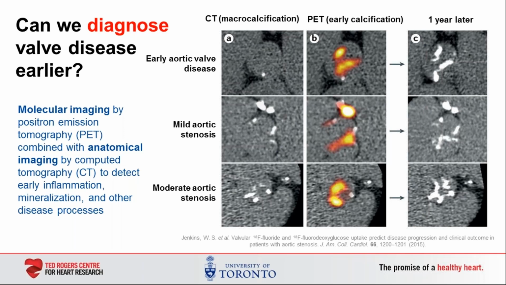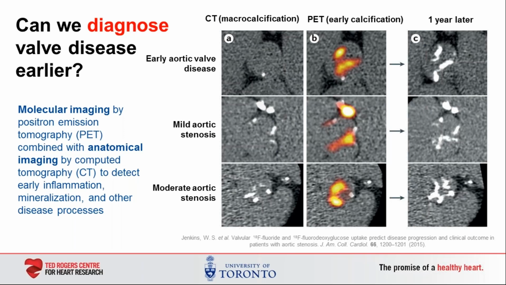And so the pictures here show, on the left panels, from top to bottom, an early valve disease case, and then increasing severity of valve disease as you move down. The left panel shows what it would show on CT. You can see those white spots indicate areas of calcification.